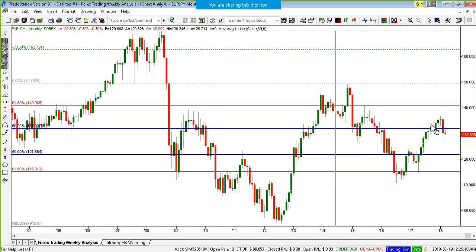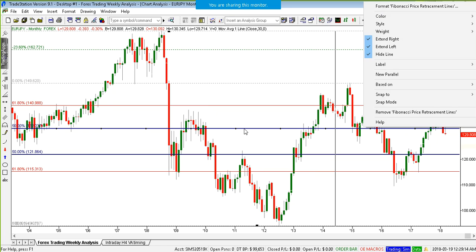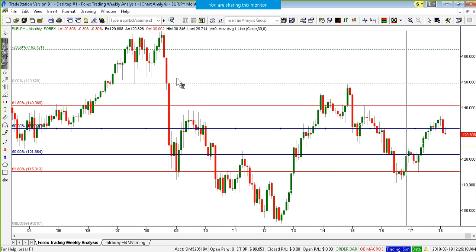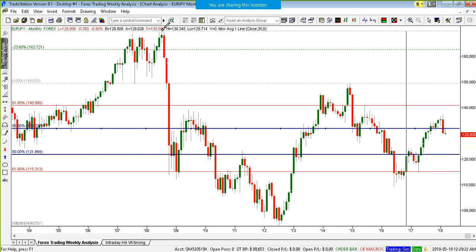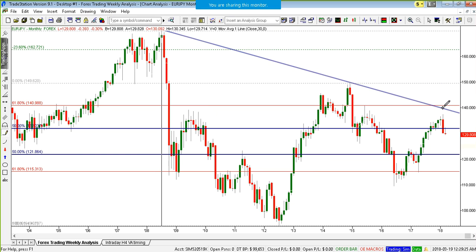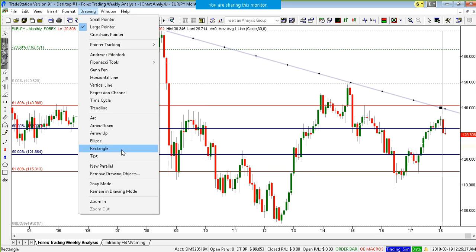Now this market, as we mentioned, is within this 50% of the larger measure move. So on a very large time frame, this market is actually in a consolidation.